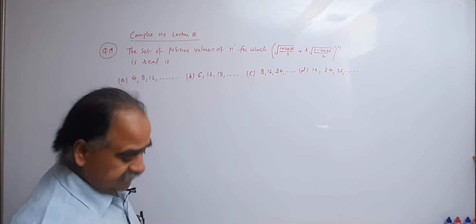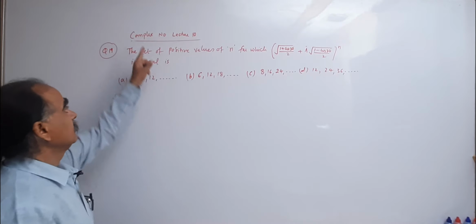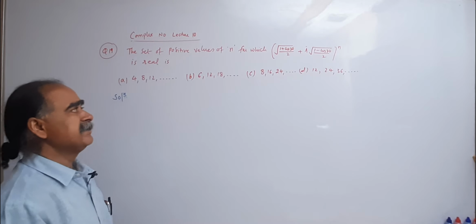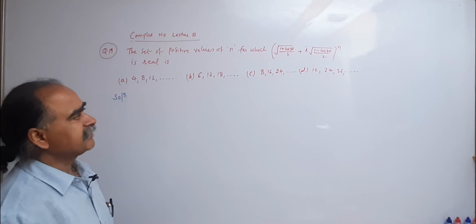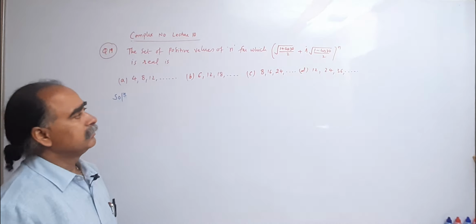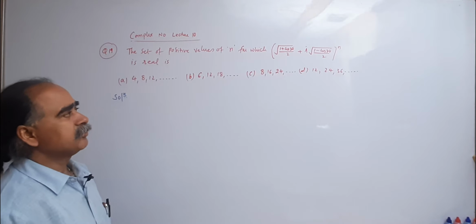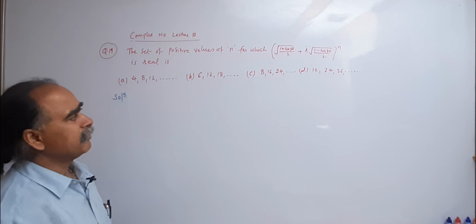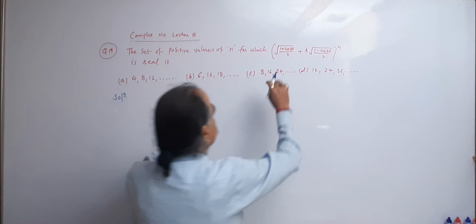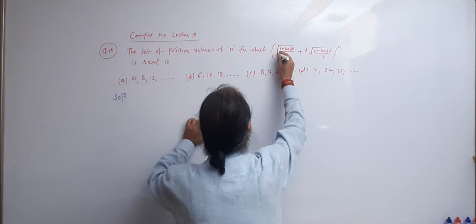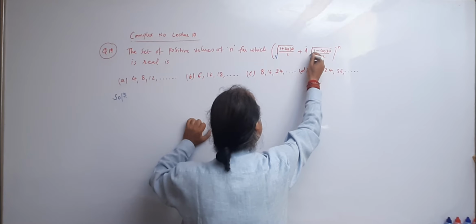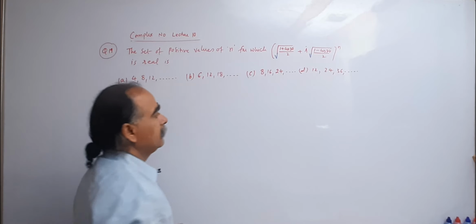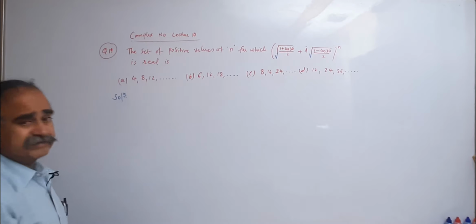The next problem is: the set of positive values of n for which (root of (1 plus cos 30 degree) upon 2 plus i into root of (1 minus cos 30 degree) upon 2), with 2 inside the root sign, raised to n is real.